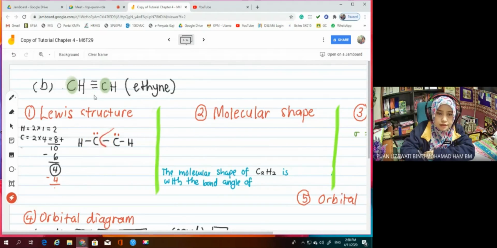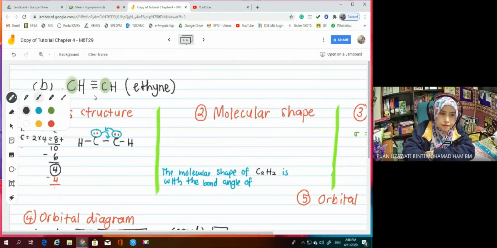It has 6 electrons here. So we have to make sure the carbon achieves octet. Right, how can we do that? You have to place the lone pair of carbon into the bonding electrons to make it a triple bond. So we write the Lewis structure again, and finally we get a triple bond between both carbons, like this.